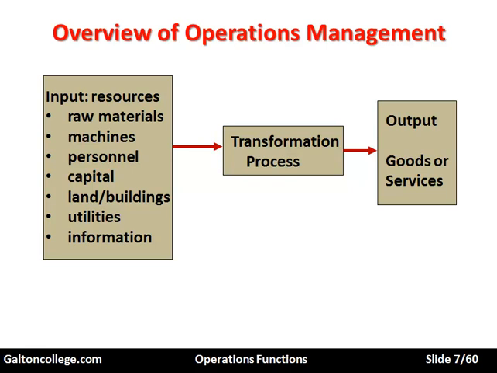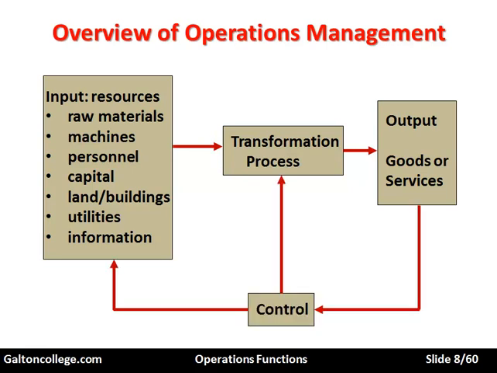And of course, having transformed the inputs into the outputs, we control it all. We have to make sure it runs smoothly, and it runs according to some principles that we set down, some ideas of how to do it efficiently, which may involve, in the context of production, the design of the shop floor, the stores, the sequencing of the machines and so on.